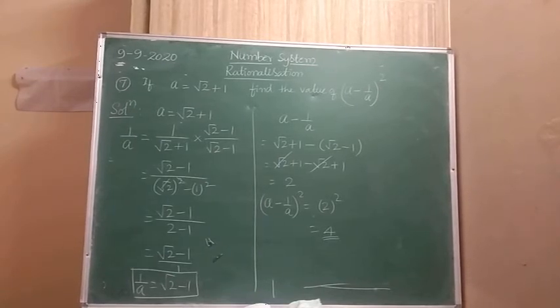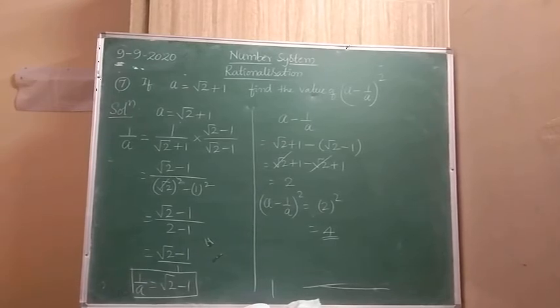Then 1 by A equals 1 by root 2 plus 1 into, then the rationalizing factor of that, root 2 minus 1 by root 2 minus 1. Then root 2 minus 1 into 1 is root 2 minus 1. Then a plus b into a minus b, that is 2 minus 1 is 1. Then 1 by A equals root 2 minus 1.